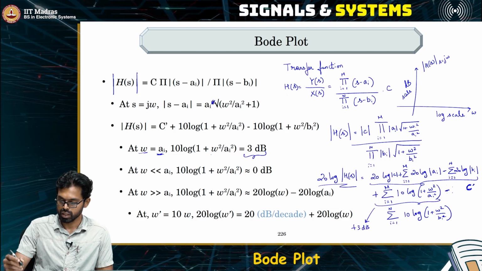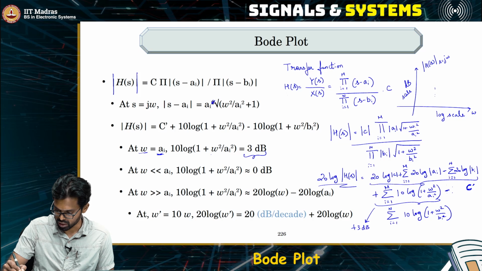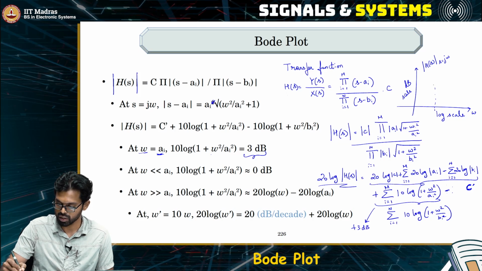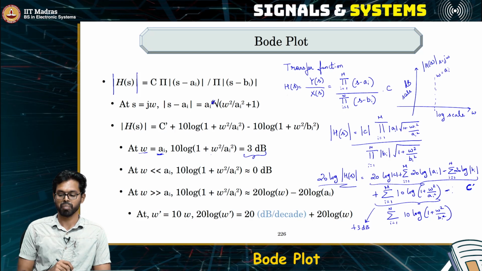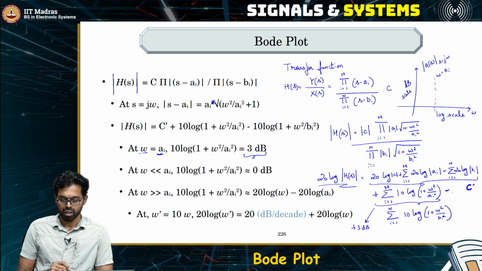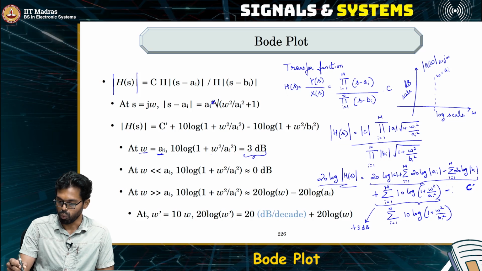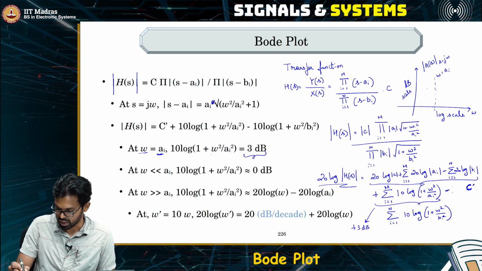Let us say that in the Bode plot there is a particular value here, at this point omega equals ai.